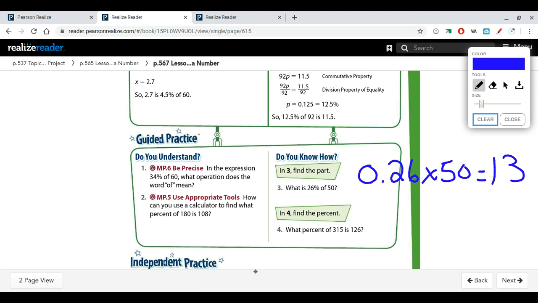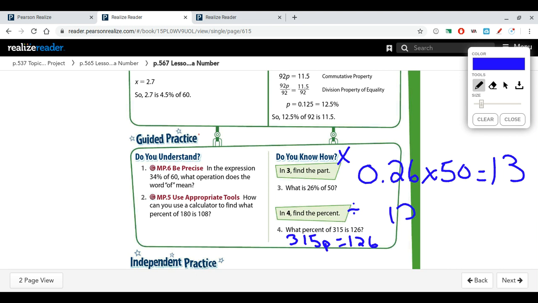Here, what percent of 315 is 126? It would be 315p equals 126. In this one, when I'm finding the part, I multiply. When I'm finding the percent, I divide. So part multiply, percent divide.